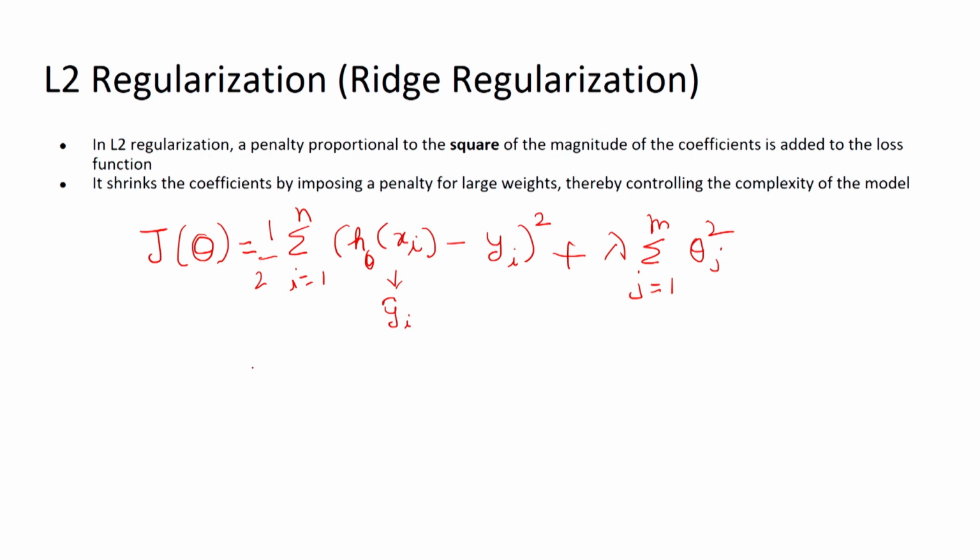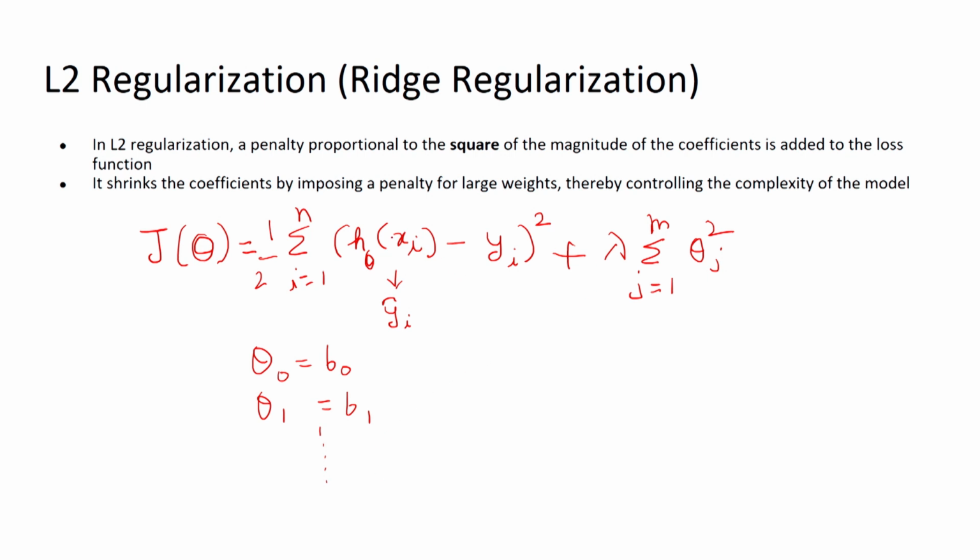Here theta naught is b naught, theta 1 is b 1, and so on. Sometimes we write coefficients as theta naught, theta 1, theta 2, and sometimes we use the notation beta naught, b 1, b 2, or beta naught, beta 1, beta 2, and so on.